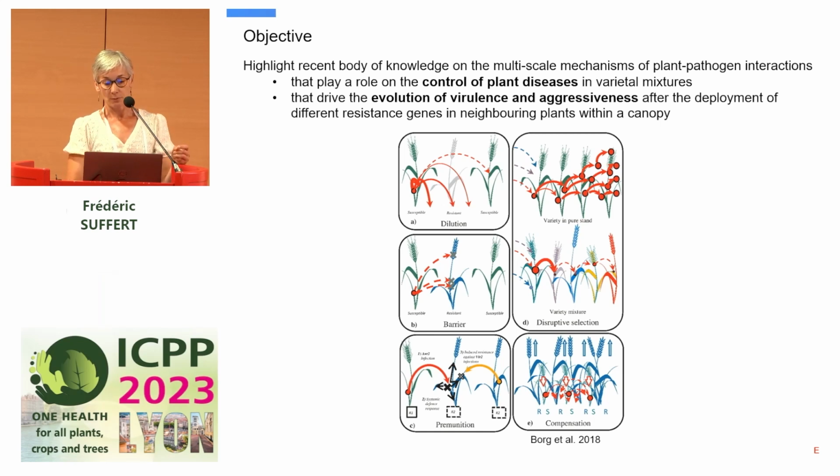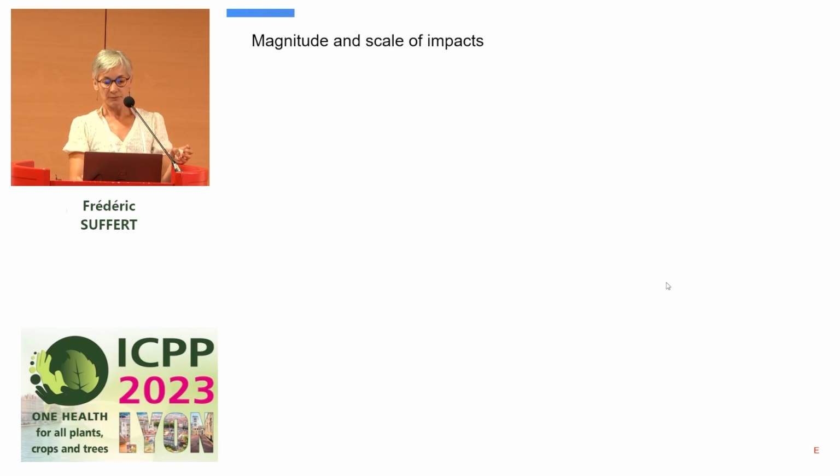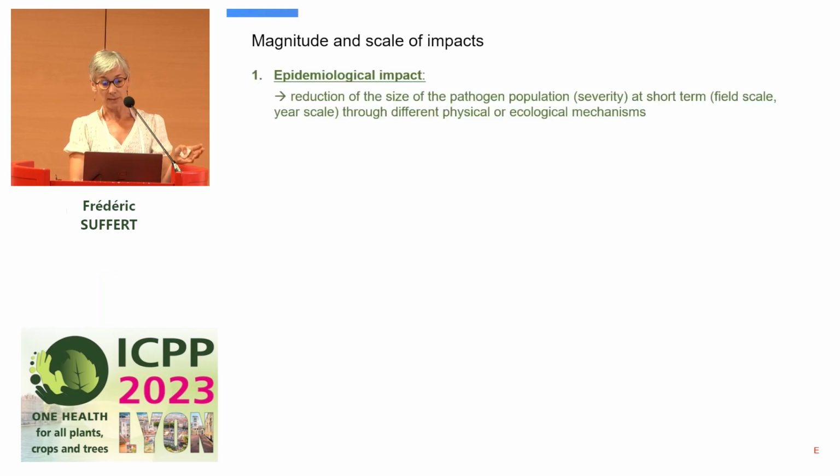Some are physical mechanisms such as dilution or barrier effect. We have also what we can call ecological mechanisms in action, but also evolutionary mechanisms, and especially disruptive selection. And these different mechanisms have different expected impacts.